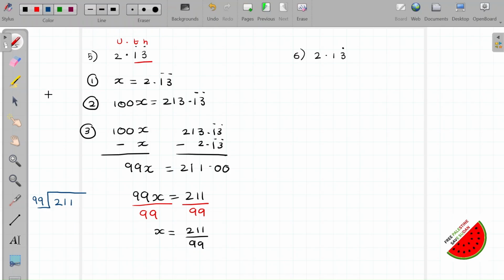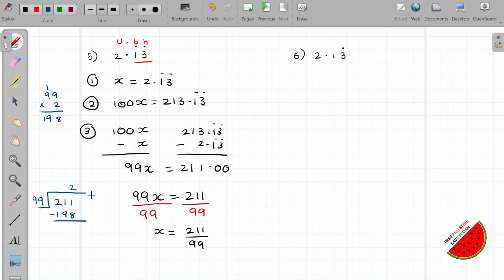Okay, so let's see, 99 times 2. 2 times 9 is 18, 2 times 9 is 18, add 1, 19, 198. So 99 goes into 211 2 times, which is 198.